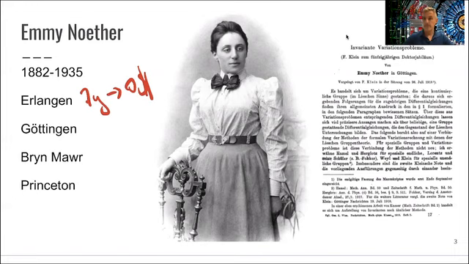She did get her habilitation in Göttingen in 1919, and then stayed in Göttingen until the situation in Europe degraded in the 1930s. She was born Jewish and couldn't stay in Göttingen beyond the year 1933, and then had to emigrate to the United States, where she worked at Bryn Mawr College and also with Princeton.